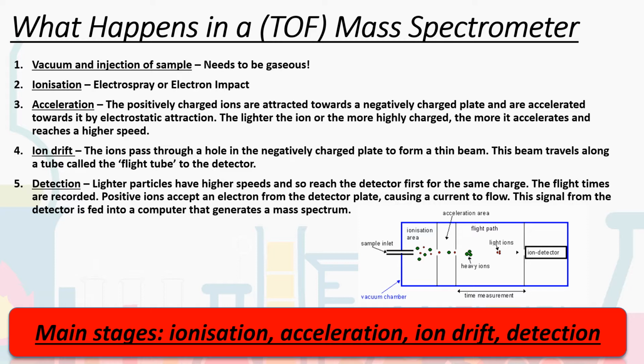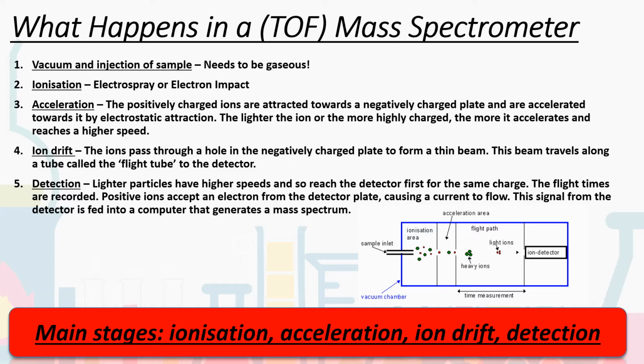Now the flight times are recorded. That's how long it takes for the ion to move from that negative plate where it goes into the beam, the ion drift bit, to the detector. So essentially it's how long it takes to go through that flight tube or the flight path part of it.